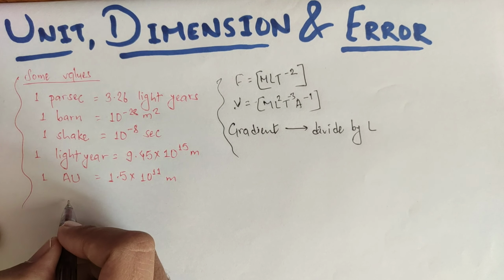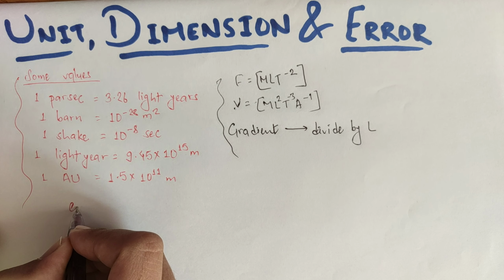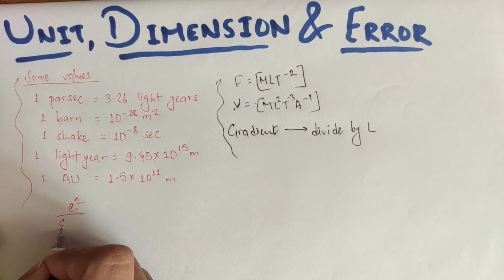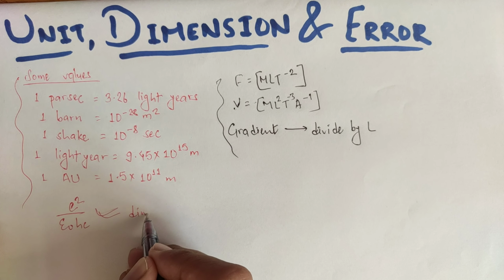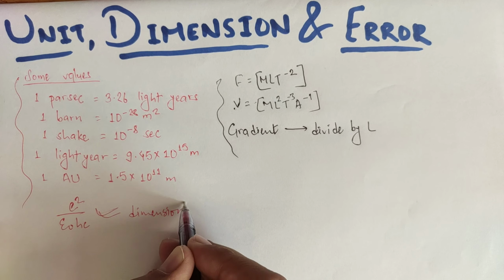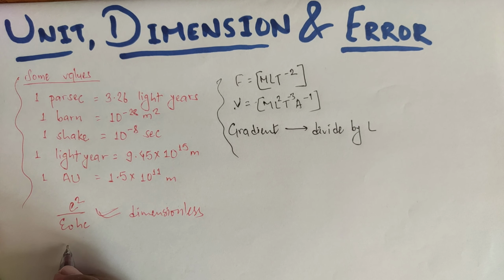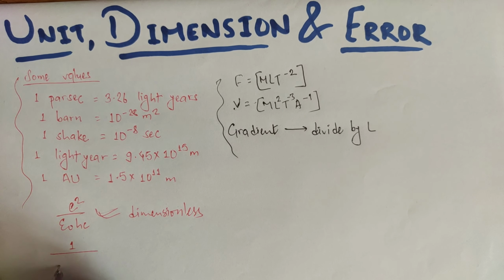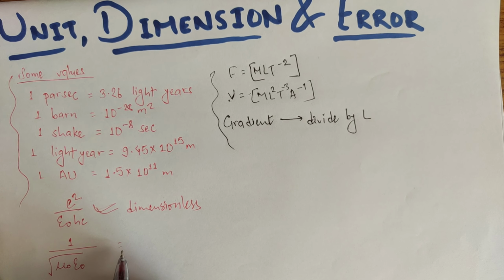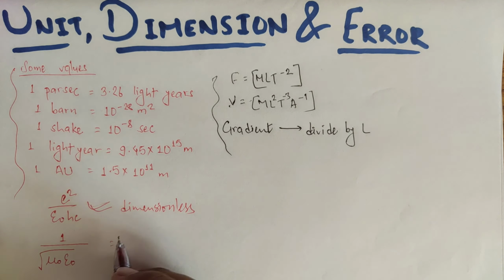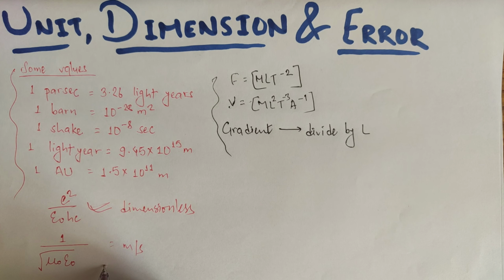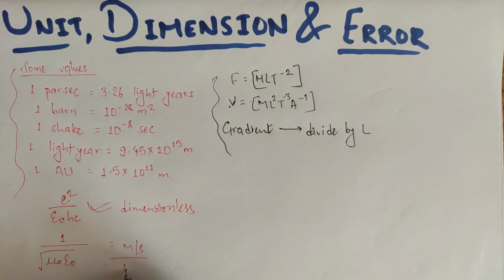There are some values like, to find dimension, E square is your HC. This is dimensionless. And then we have 1 by root under mu naught epsilon naught. This is the dimension of velocity, meter per second unit, and from this you can find dimension.